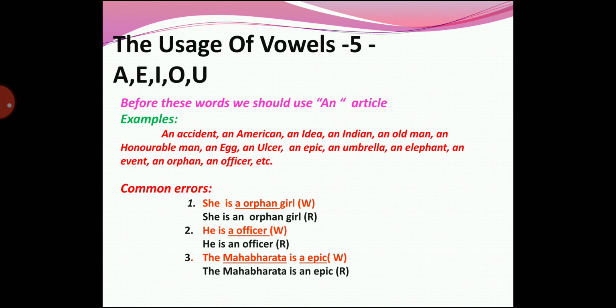Neither in speaking nor in writing can we say, He is a officer. So before AEIOU, we should use the article an: He is an officer. We cannot say, The Mahabharata is a epic. The Mahabharata is an epic. So this is the second basic fundamental rule you're supposed to remember.